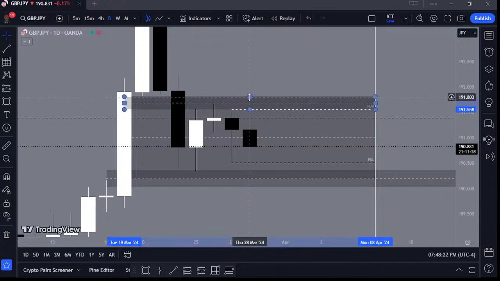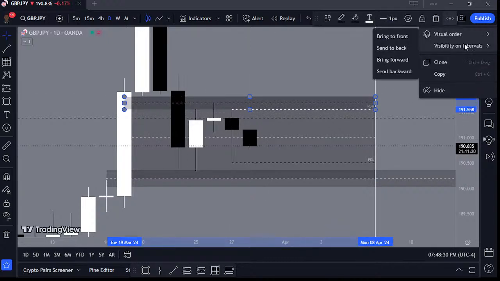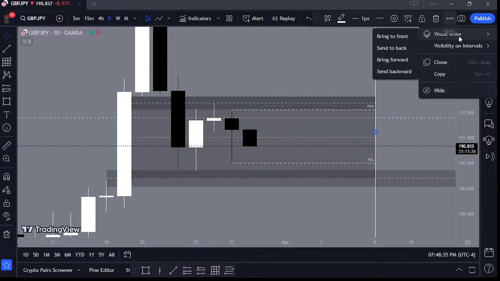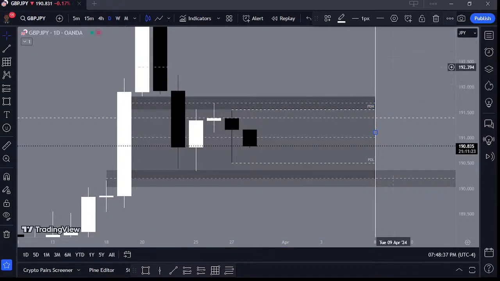I'll mark my stuff. Okay, let me clean up my chart, something like that. Low, low, 19.7.